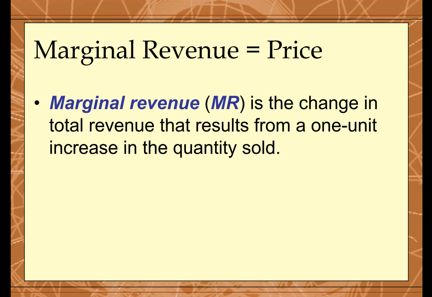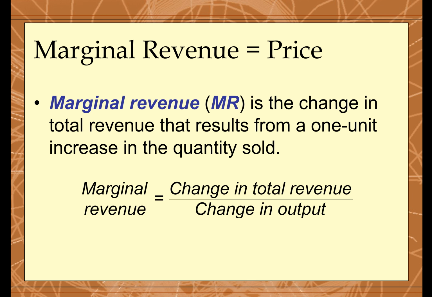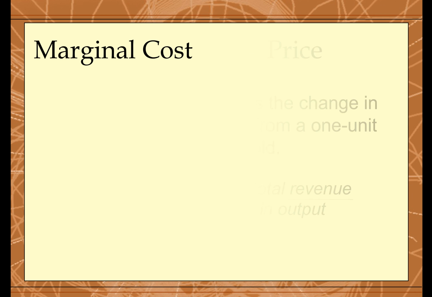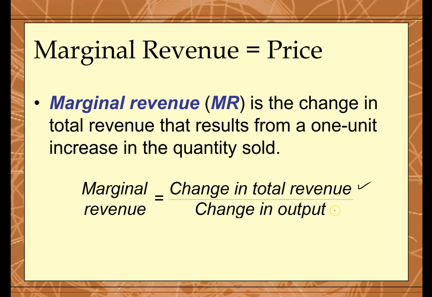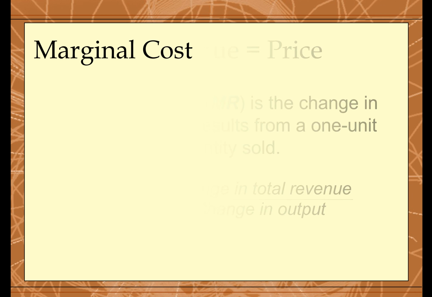Again, MR is the change in total revenue that results from a 1 unit increase in quantity sold, basically the change in total revenue divided by the change in output. If your change in output is always 1, it's easy to say marginal revenue is simply the change in total revenue when you produce one more unit.